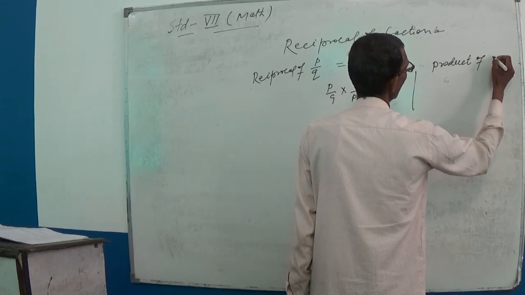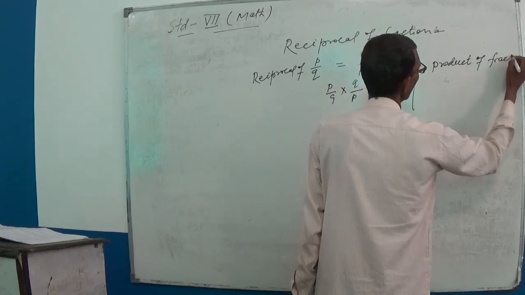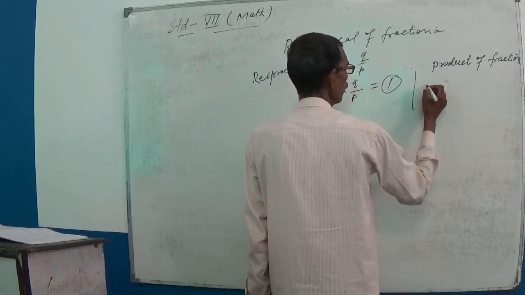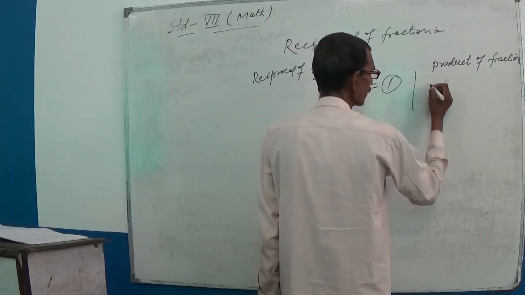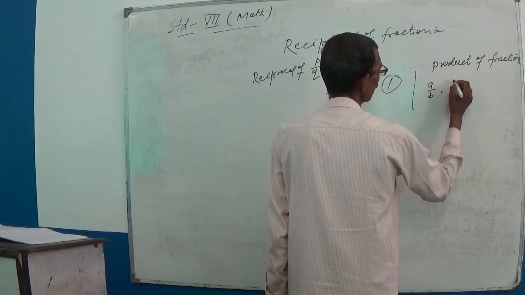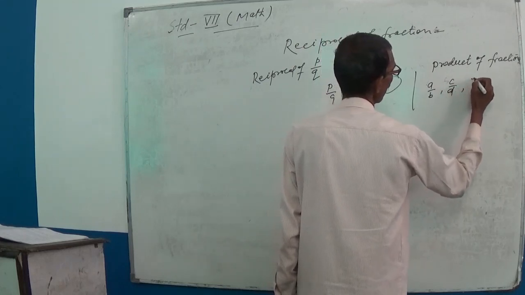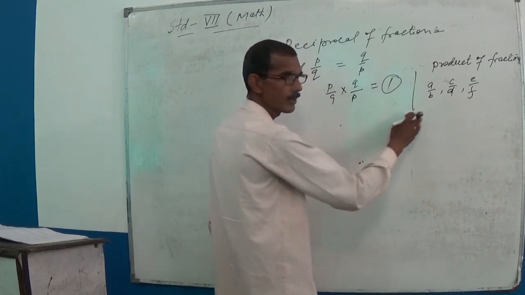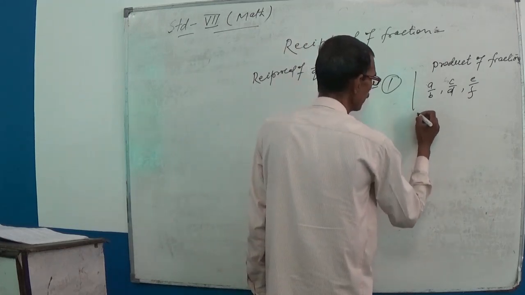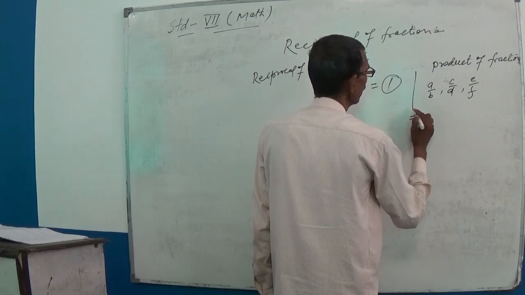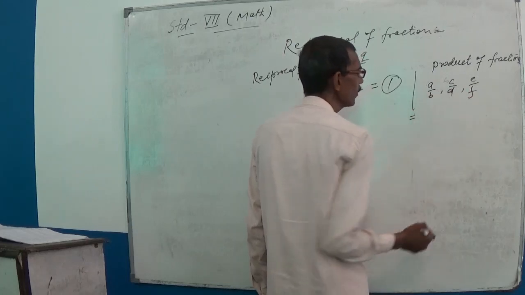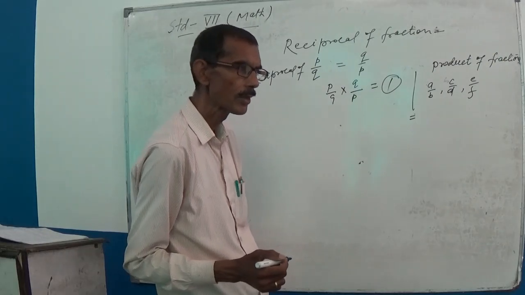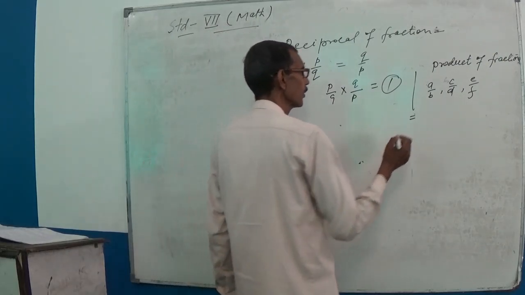Product of fractions. If you are given two or more fractions, suppose A by B, C by D, E by F, then the product of these fractions is obtained by multiplying all the numerators and all the denominators.